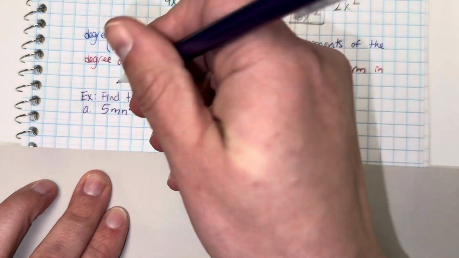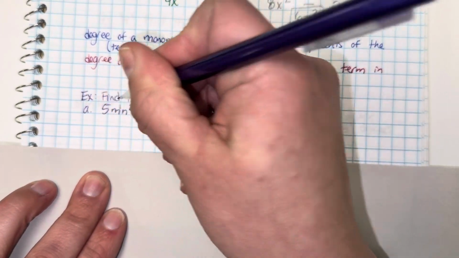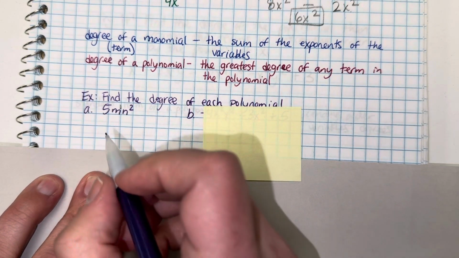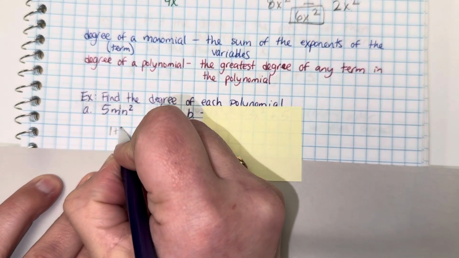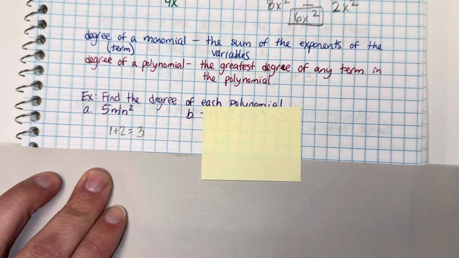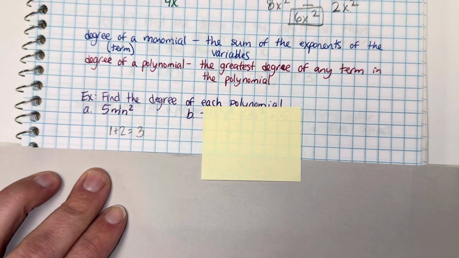So this would be an m to the first power. There's always an imaginary 1 there. And we would add the exponents together. So we would have 1 plus 2 for a degree of 3. There is no other term there, so that would be the degree of our polynomial.